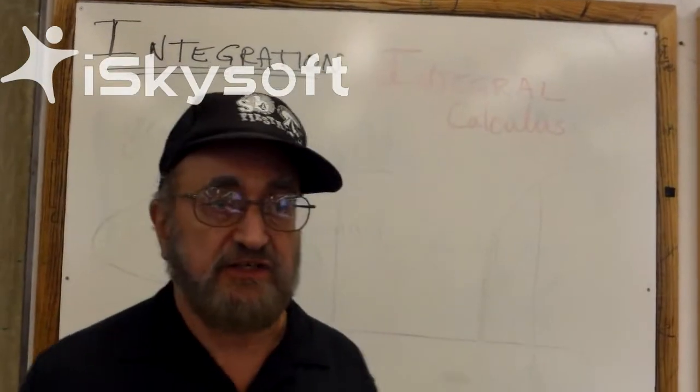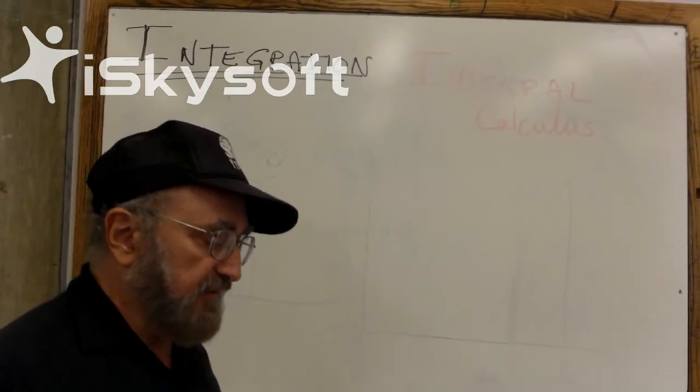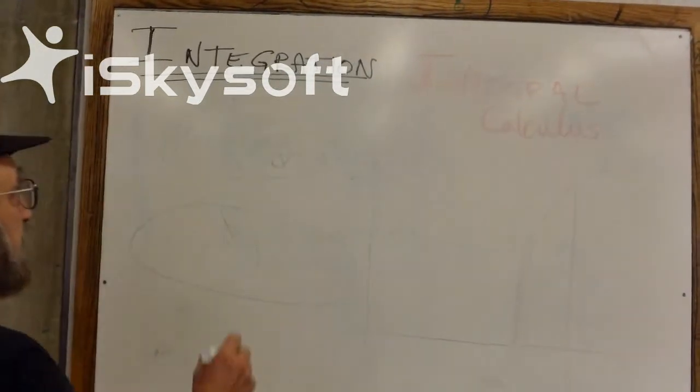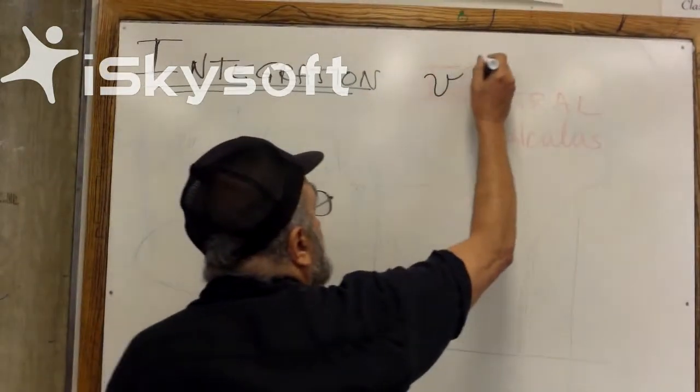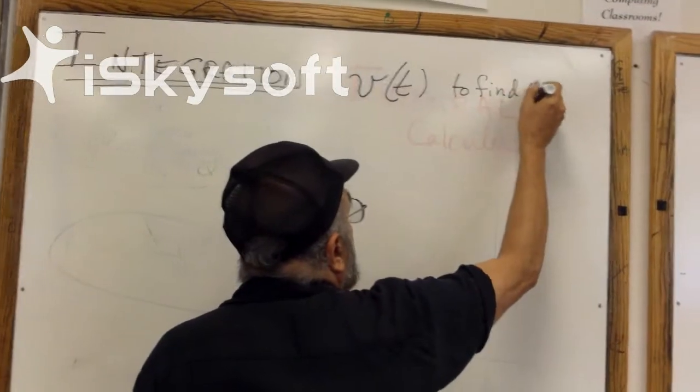In this case, integration. So when we put that all together, we end up with, given v of t, to find x of t.